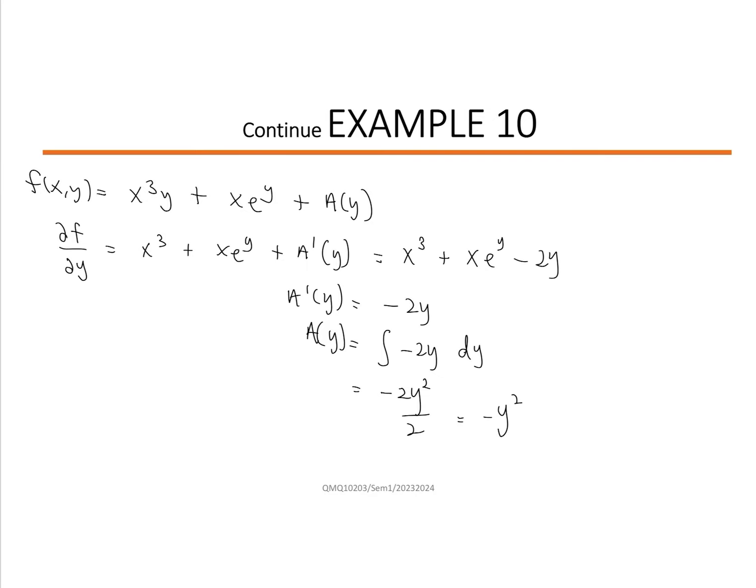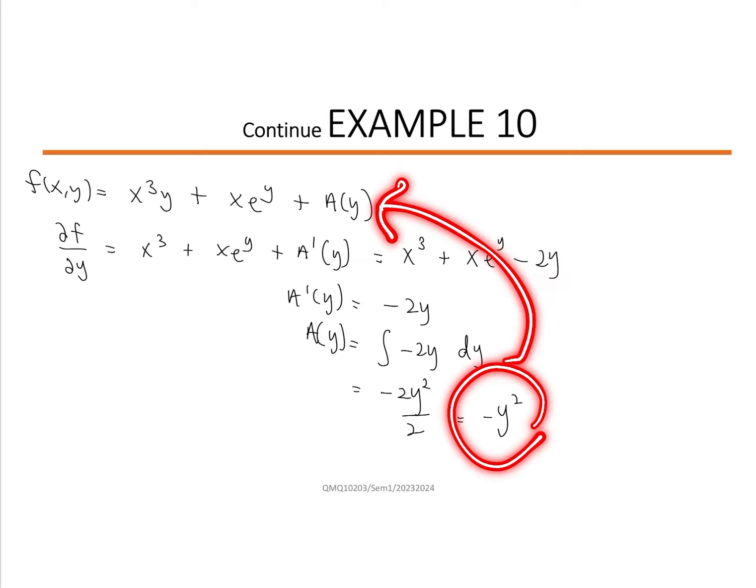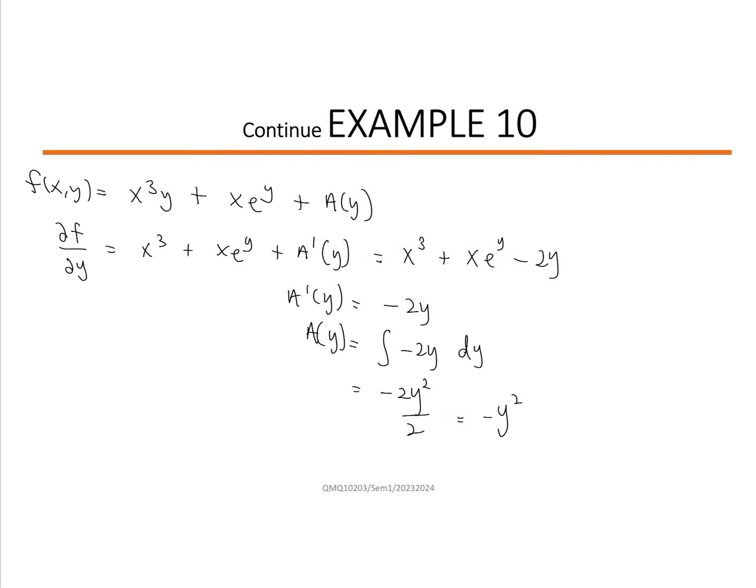So substitute this a of y into the solution. Remember that our solution is f(x,y) equal to c. So f(x,y) equal to x cubed y plus x exponent y plus a of y, which is minus y square. Actually, this came with the constants of integration.